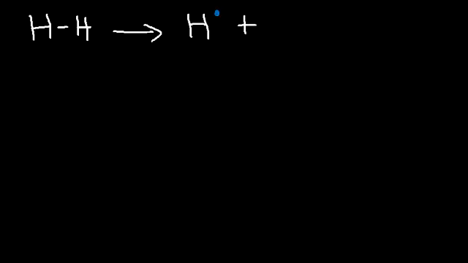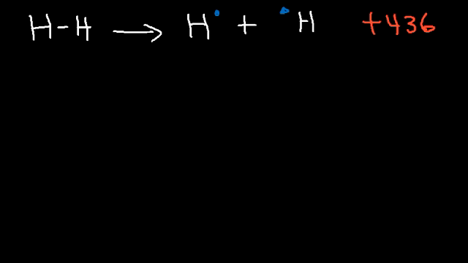So we're going to have 2 hydrogen radicals. And the average bond energy was 436. And whenever you break a bond, it's an endothermic process because you have to add heat to it. You have to put heat into the reactant to break the bond. So therefore, the energy change for this reaction is positive 436.